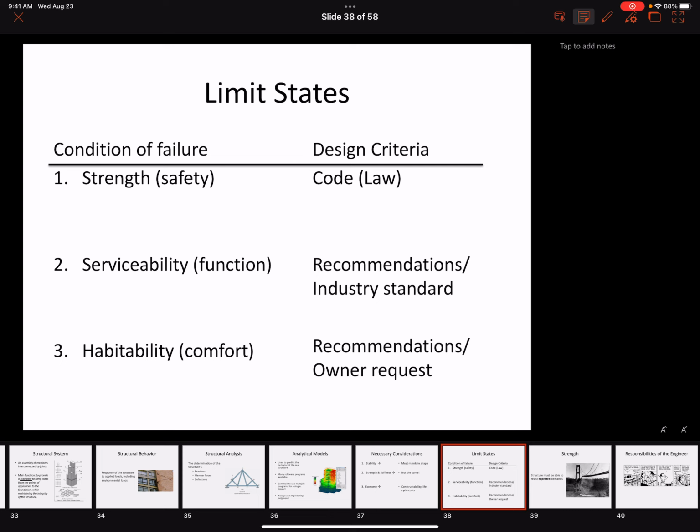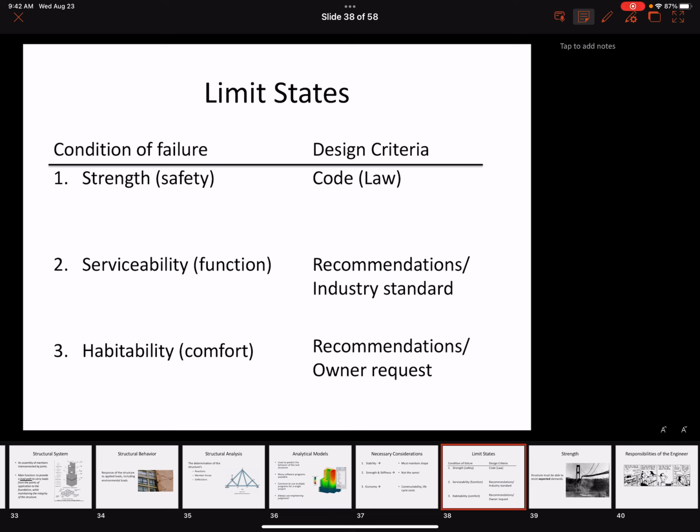And then we have serviceability. This is tied to the function of the structure. Some of the serviceability criteria are in fact outlined by code, but most of them are determined through recommendations or industry standards. An example of serviceability, again, is tied to the ability of the structure to maintain its function.